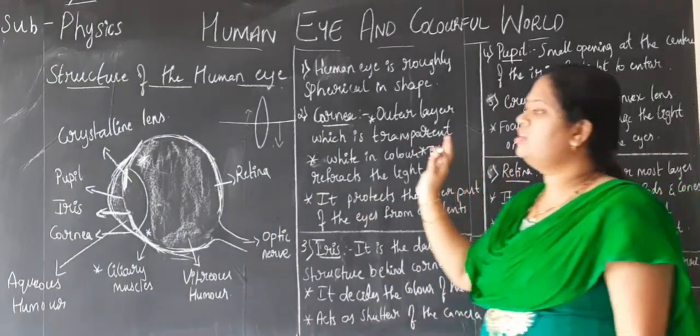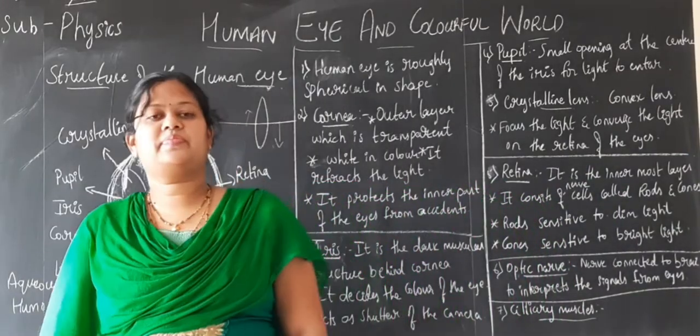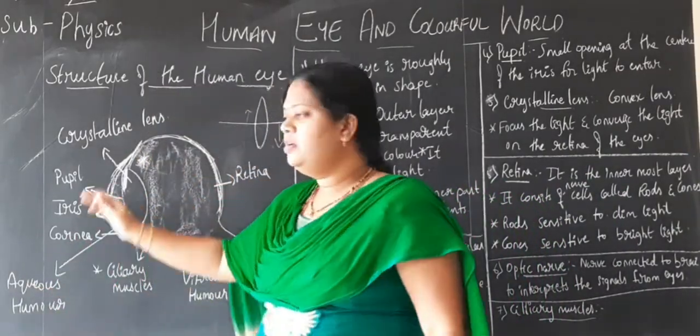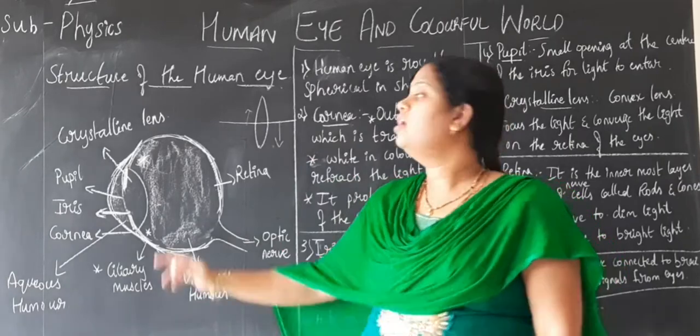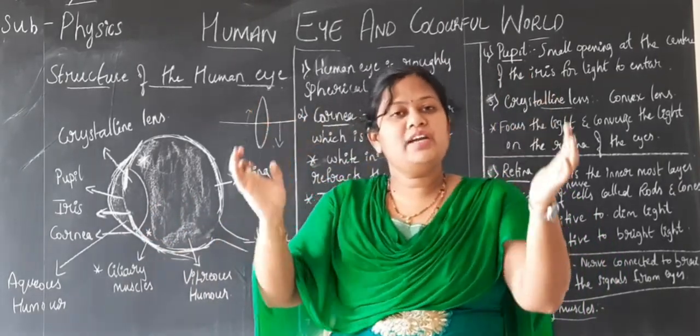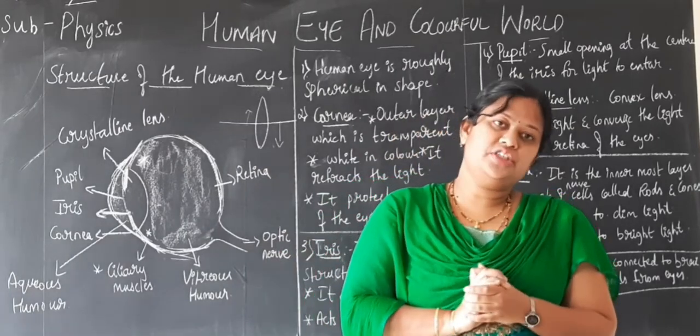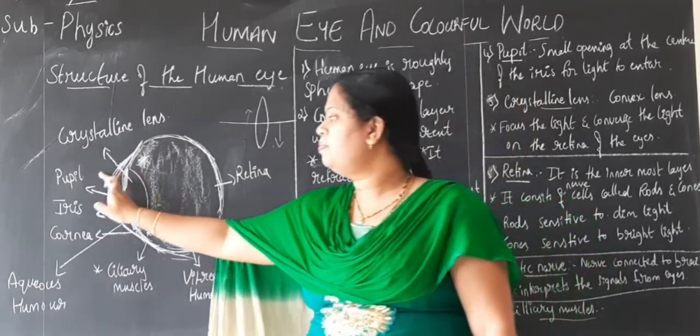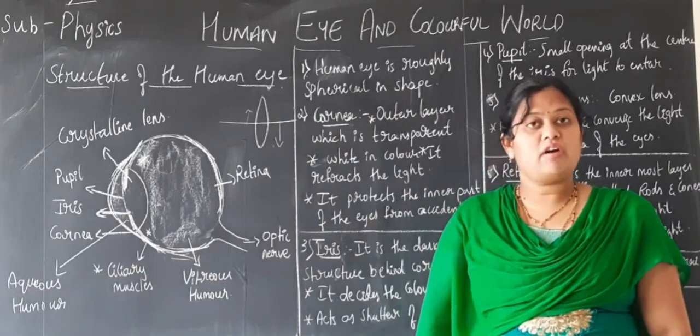So this is about the different parts of the eye. The front bulged part is called the cornea. So the first point is, our human eye is almost spherical in shape. The front bulged part of the eye is called the cornea.